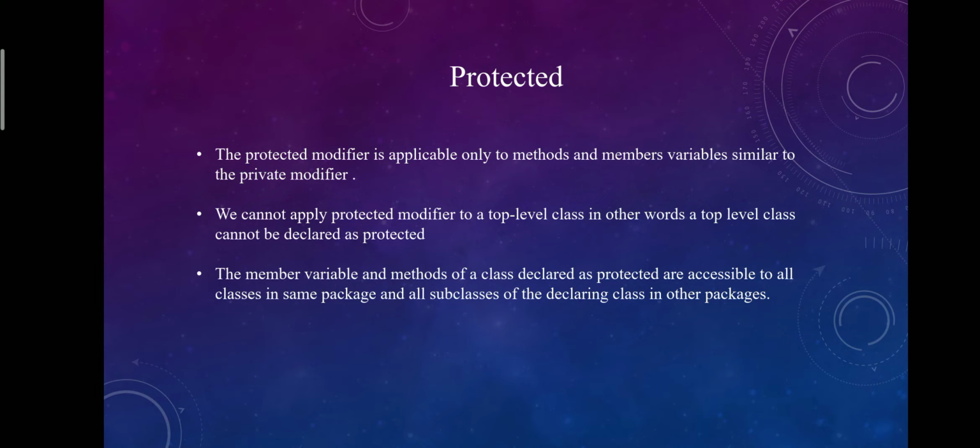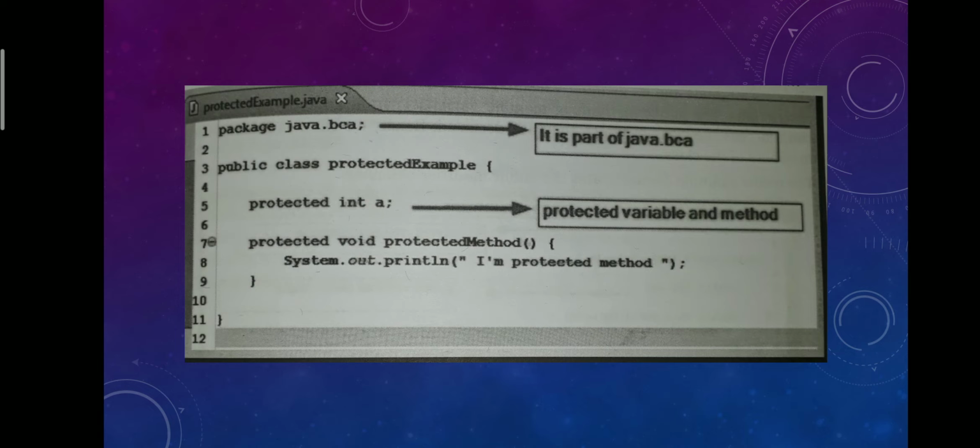The member variables and methods of a class declared as protected are accessible to all classes in the same package and all subclasses of the declaring class in other packages. So this is a small example for protected. So int a is protected, its value cannot be changed, and there should be proper accessibility to change the value of a.